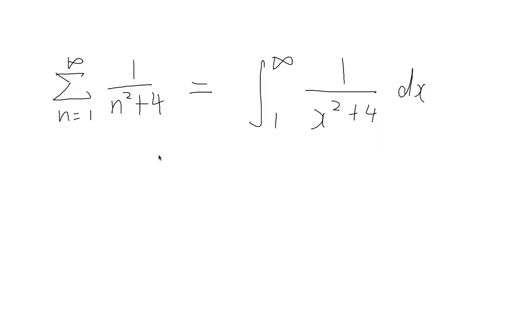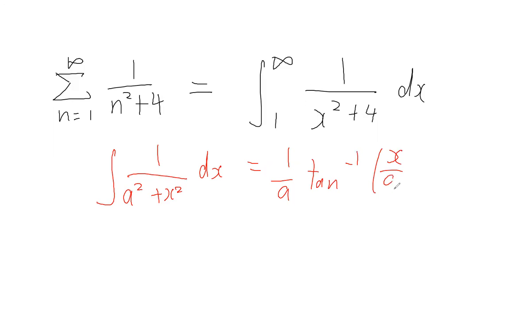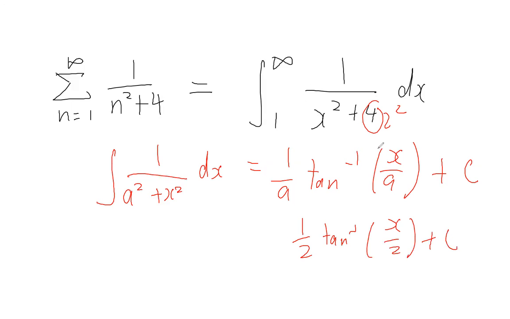If you still remember, if you integrate 1 over a squared plus x squared dx, we should get 1 over a arctangent x over a plus c, all right? It's the same here. This a is just like 2 squared. So I'm going to get 1 over 2 arctangent x over 2 plus c, but because this is a definite integral, we don't have the constant term here. All right.